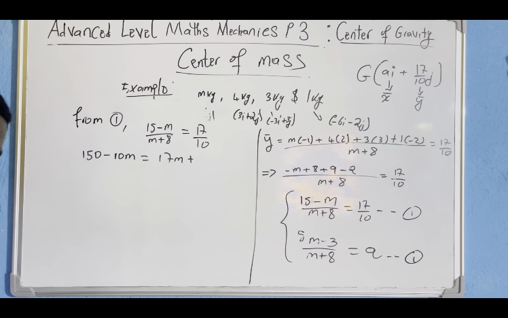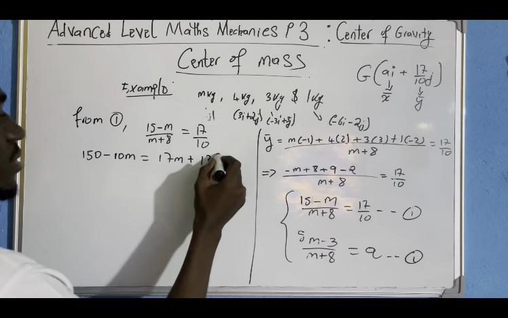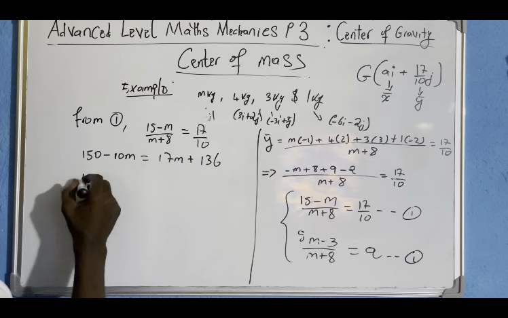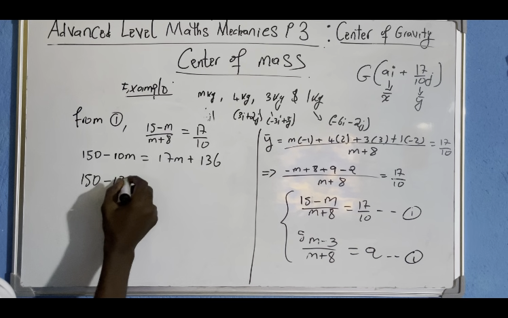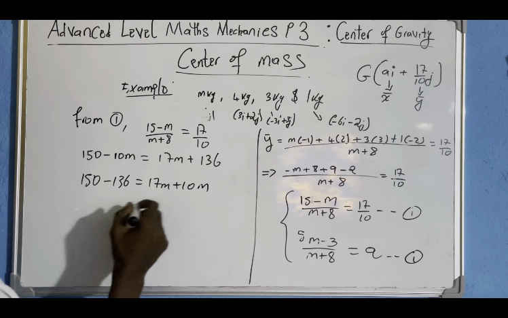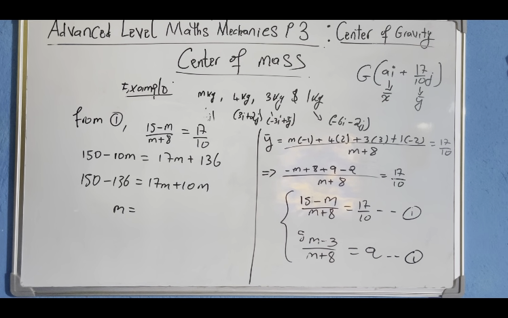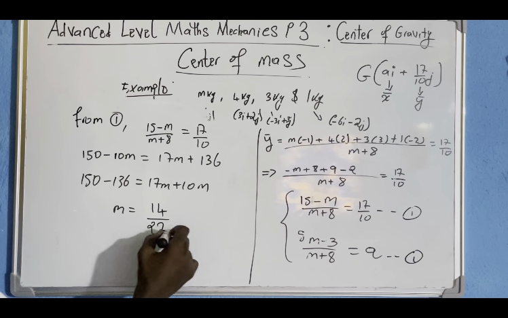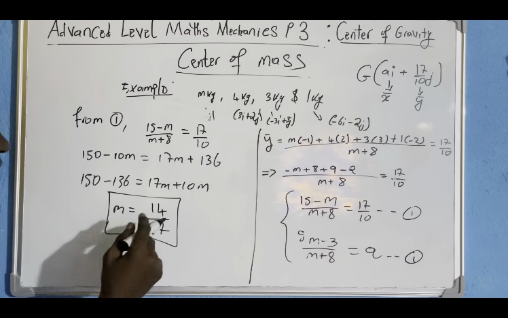Let us multiply. 17 times 8 is 136. Now I'm looking for m. I can bring this one here, bring this one here. I'll have 150 minus 136 equals to 17m plus 10m. So m now will be simply equals to 14 all over 27.